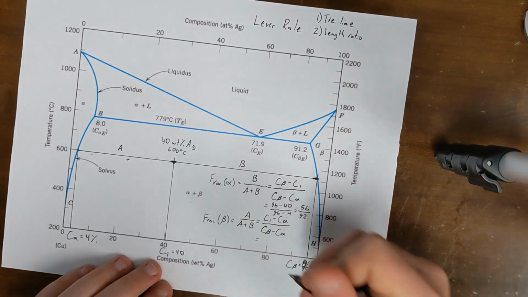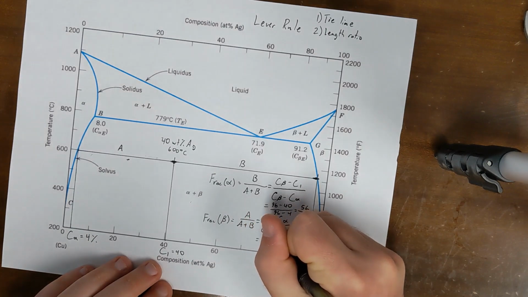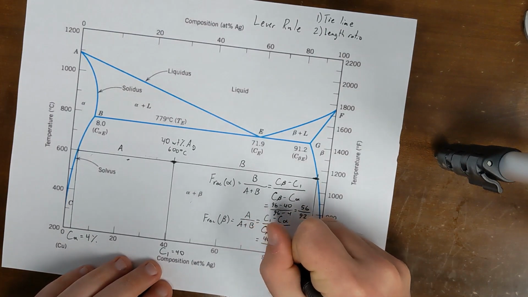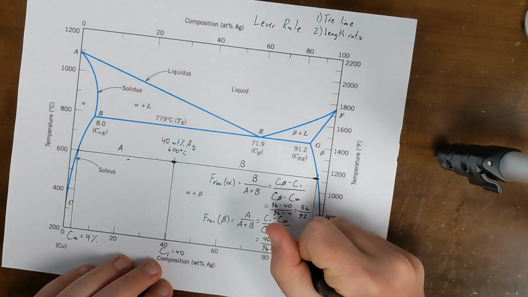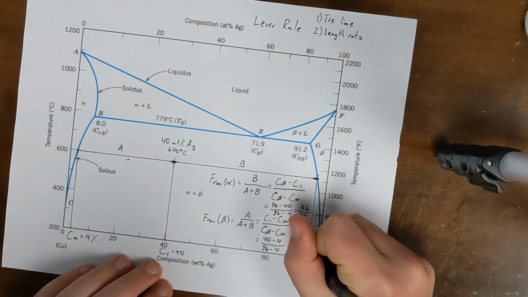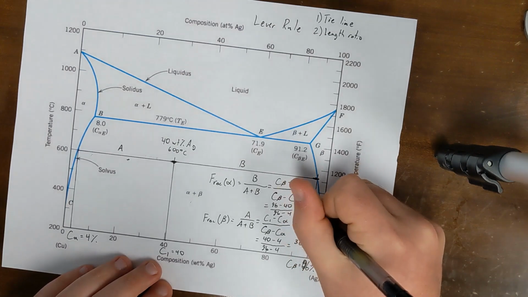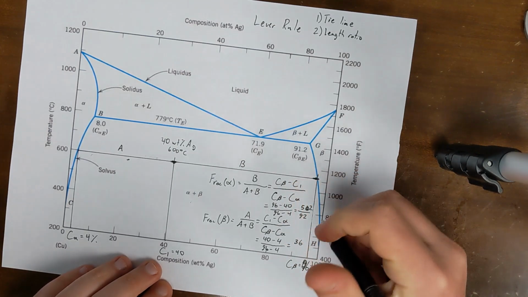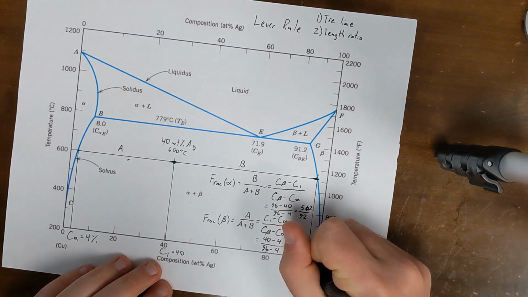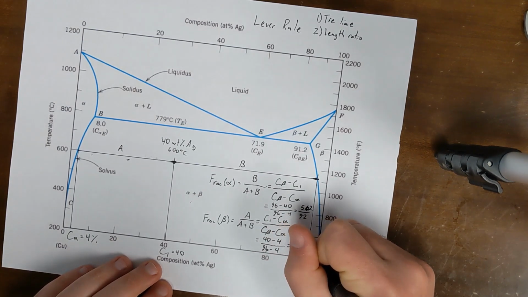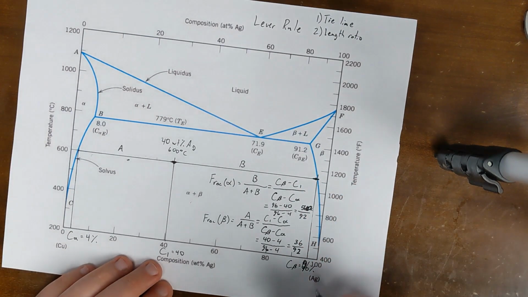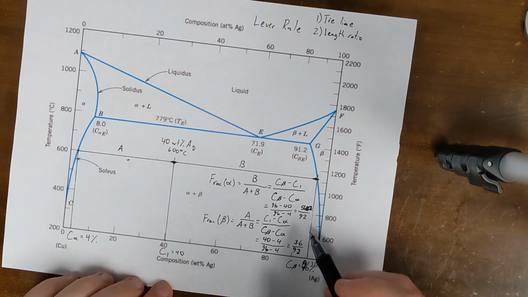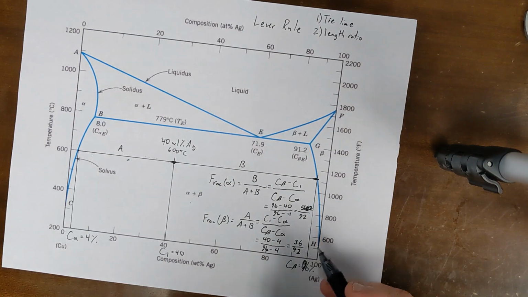And then for beta, it's going to be 40 minus 4 divided by 96 minus 4, which would give us 36 over 92. Yeah, so 56 plus 36 should add up to 92.